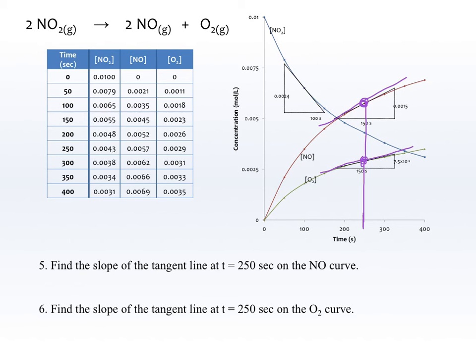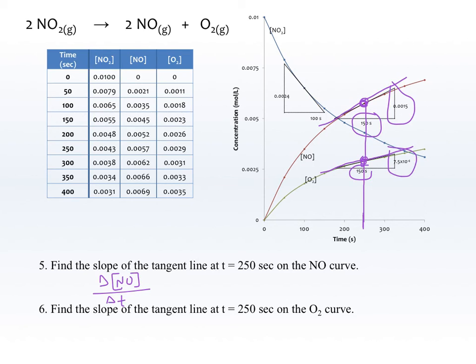That particular tangent line has a rise of 0.0015 and a run of 150 seconds, not 250. And this other tangent line has a rise of 7.5 times 10 to the negative 4 and a run of again 150 seconds only. So the slope of the tangent line is the change in the concentration of the thing divided by the change in time, or delta y over delta x.